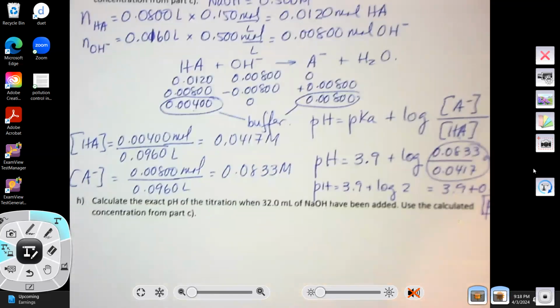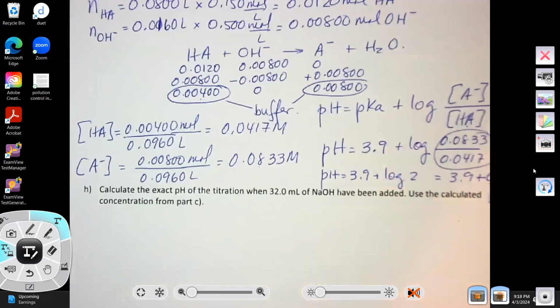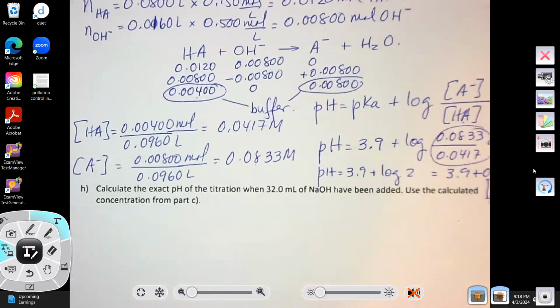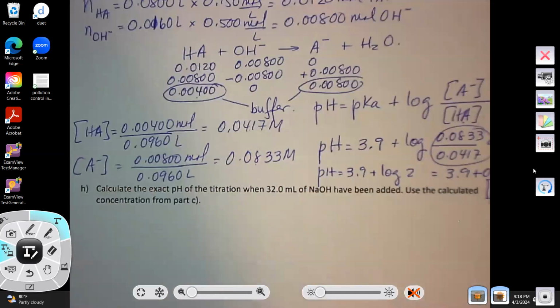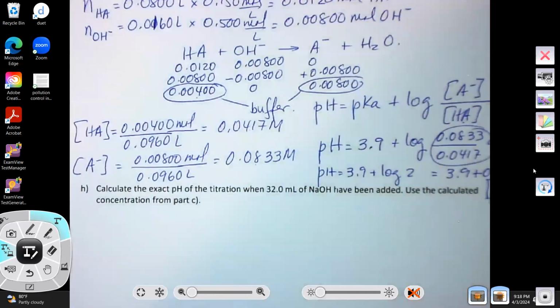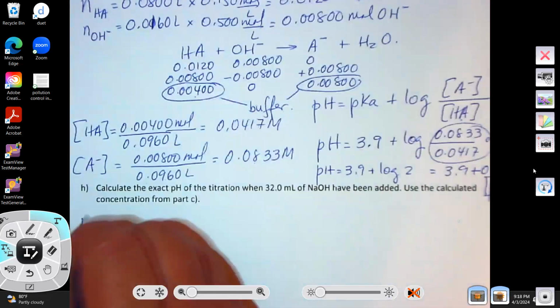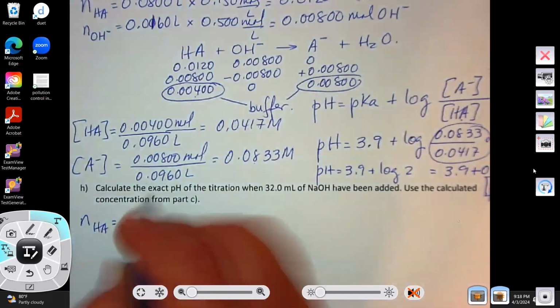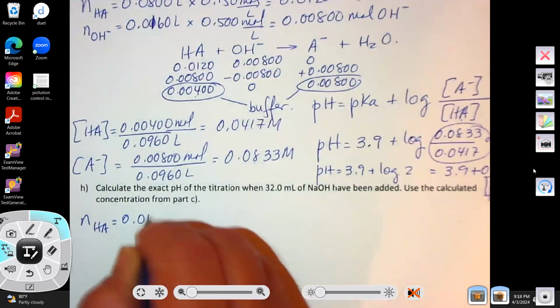Now, the next question says, calculate the exact pH of the titration when 32 milliliters of sodium hydroxide have been added. And then again, use the concentration from part C. So we're going to use the number of moles of the acid. We already calculated that. It's 0.012.